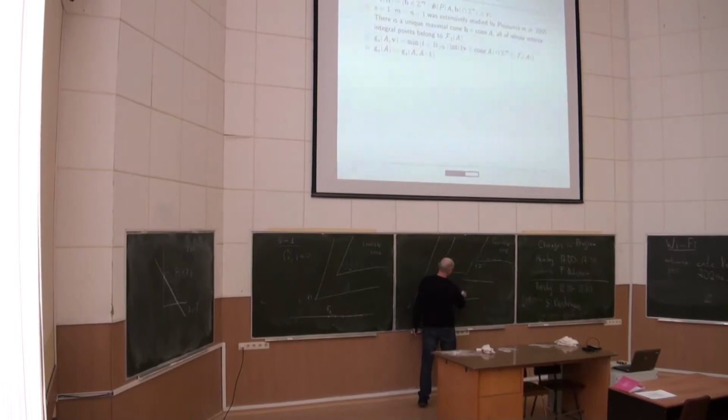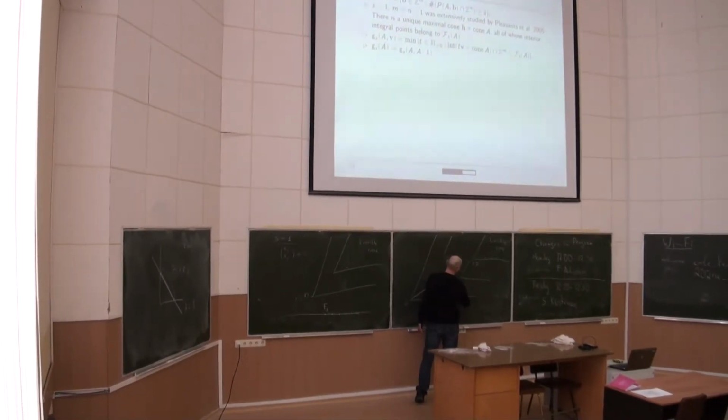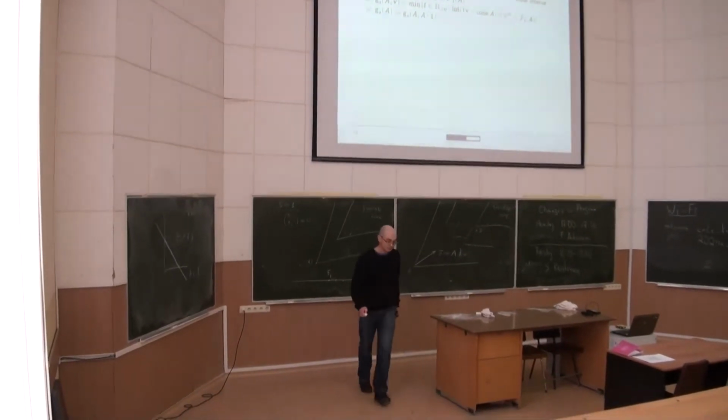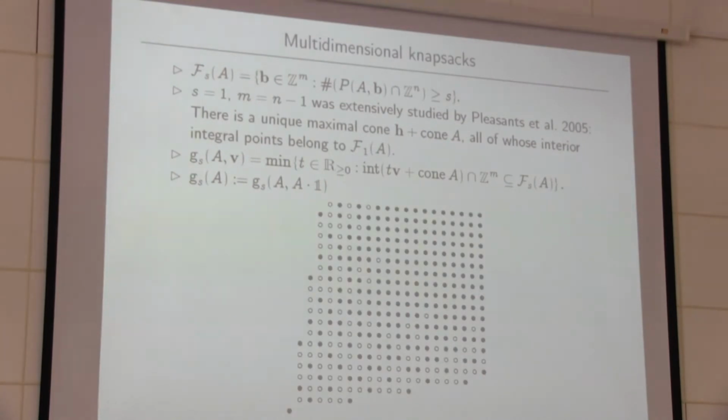So, the important special case that we define here is the sum of the columns of the matrix A. The sum of the columns is shown in red, but I'm not sure you can see the picture.